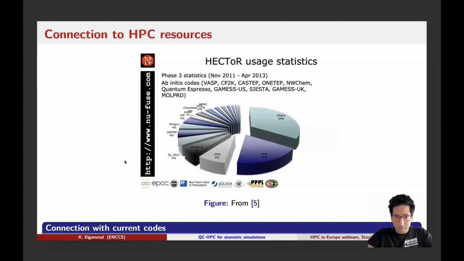I deliberately put this image here because it's from around 13 years ago, from a system in the UK, and it categorizes which codes are used most on their big systems.